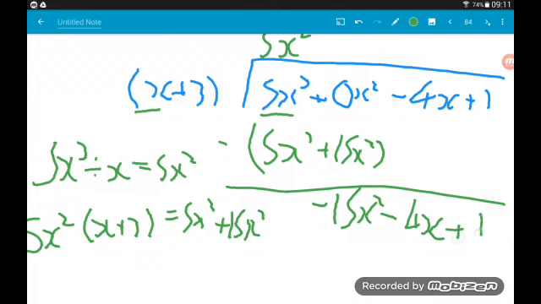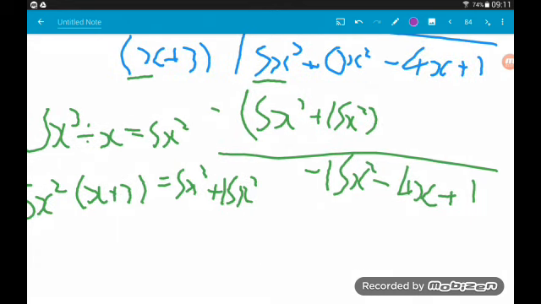Next up, we are now doing minus 15x squared divided by x, which is minus 15x.